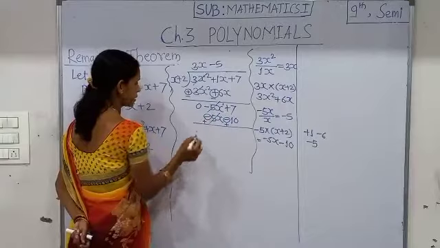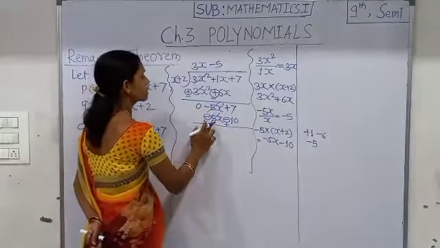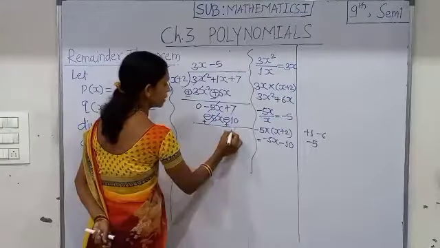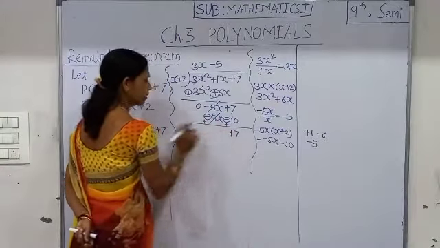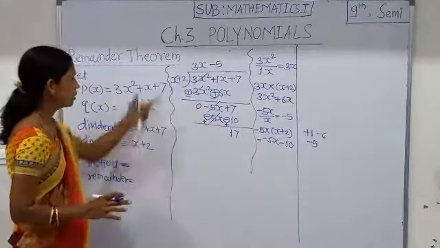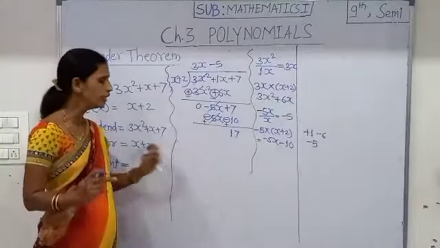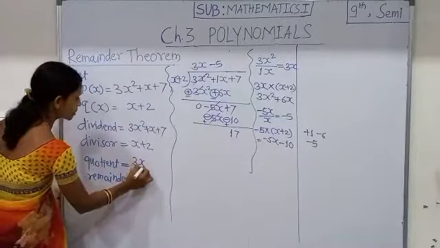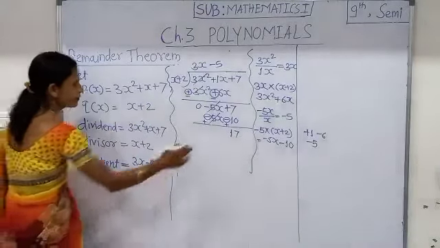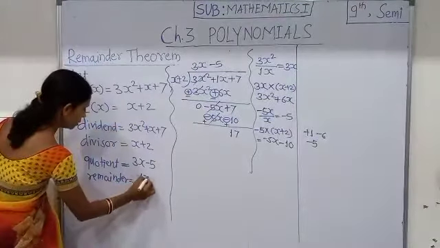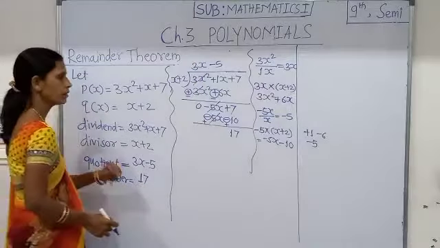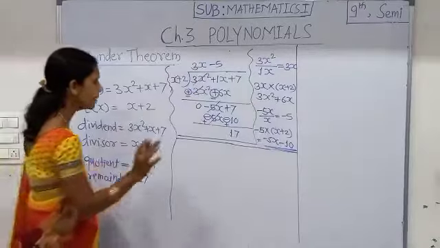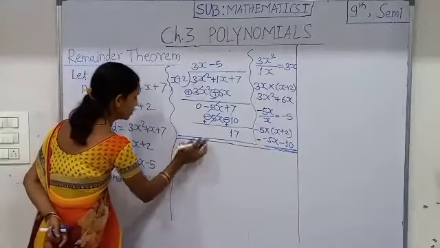Then minus 5x and plus 5x cancel. Plus 7 plus 10 is 17. Then the division is completed, and we get quotient 3x minus 5, and 17 is the remainder.